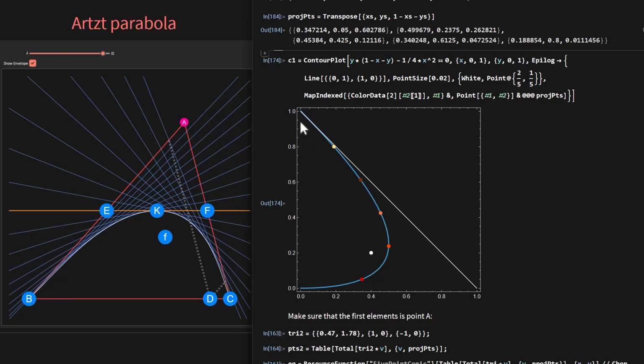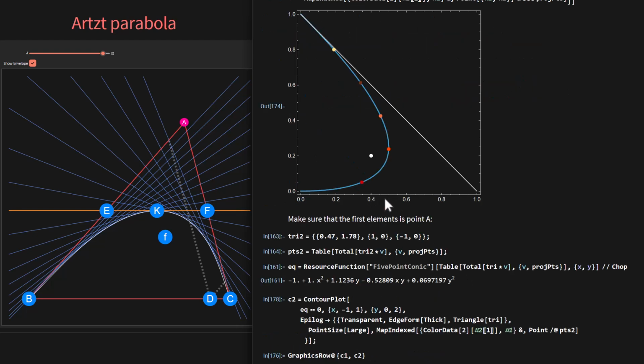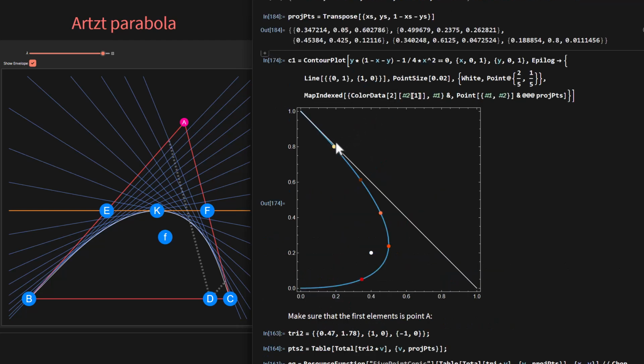It's a line parallel to this one. So any point on that corresponds to a line with the sum equal to a number less than 1. Okay, so this basically gives us all the points that we can choose from, and in turn we have these points in the projective space.